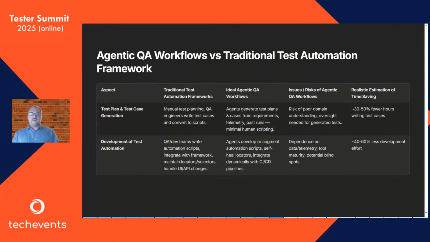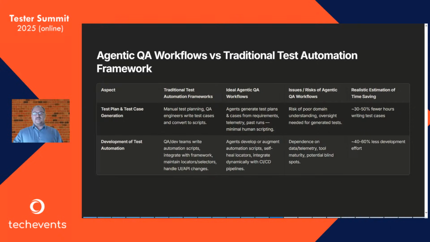If we break down the different phases of testing, at the beginning we have the phase responsible for creating the test plan and generating test cases. Here I tried to estimate and compare how it was in a traditional test automation workflow and in an Agentic QA workflow, and how much time we can save.